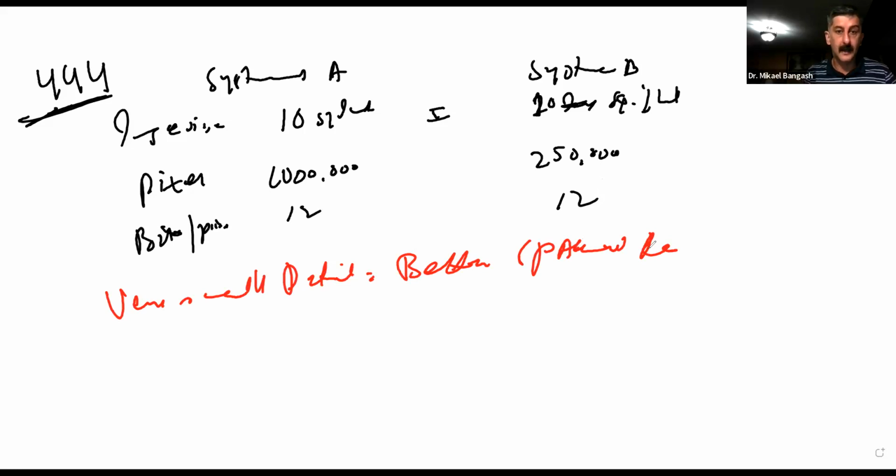Now, what we can say is that both of them are 10 square inch. Here we have 100,000 pixels per square inch, which is the pixel density.